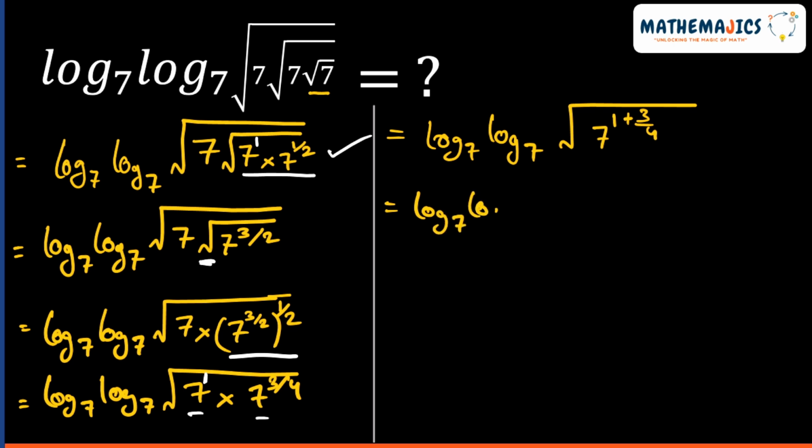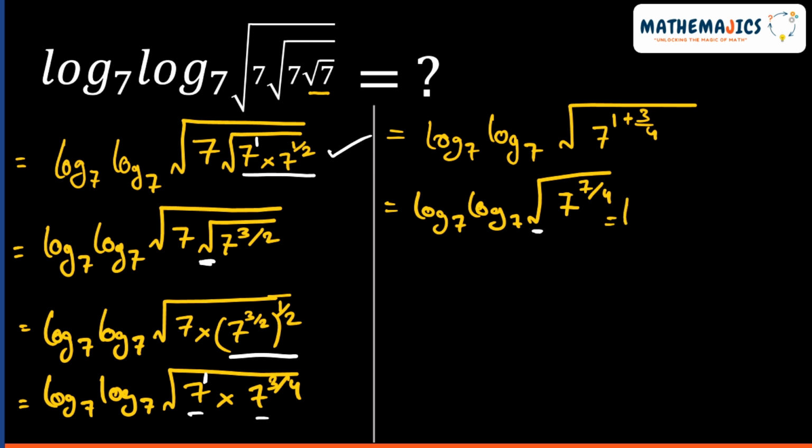Log base 7 log base 7. We will get under root 7 raised to power 7 by 4. Now we will be removing the square root. What will happen if we remove the square root? Let's see.